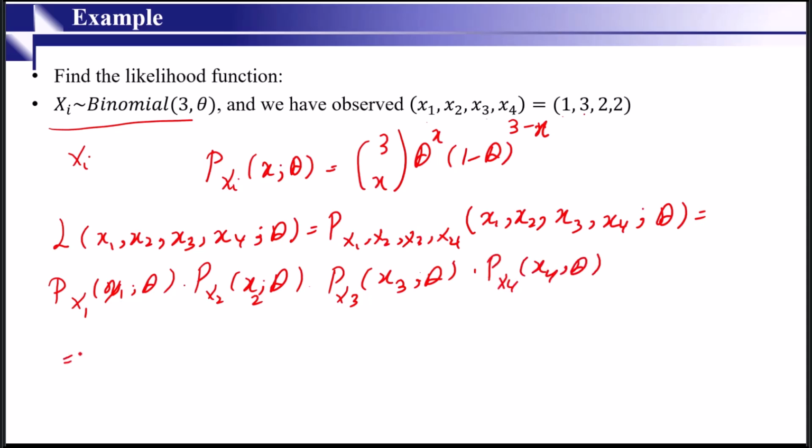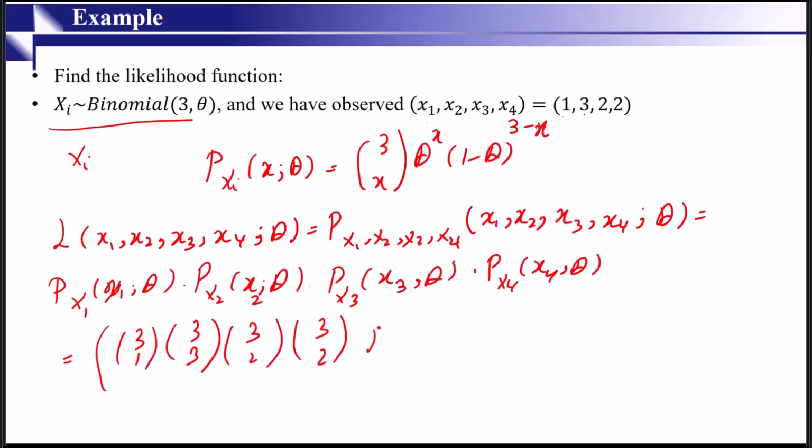And this equals the combination of 3 and 1 for the first one, for the second one 3 and 3, for the third one 3 and 2, for the fourth one 3 and 2, multiplied by theta to the power of x1 plus x2 plus x3 plus x4, multiplied by 1 minus theta to the power of the sum, which is 12, minus x1 plus x2 plus x3 plus x4.